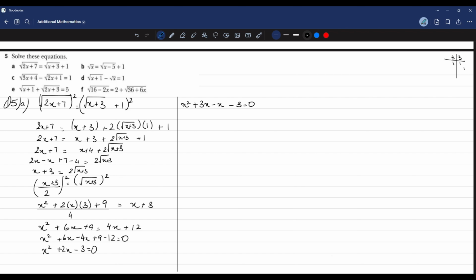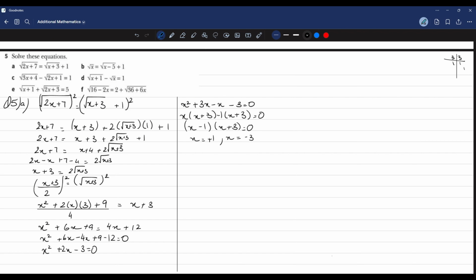So we've got x as the common here, x plus 3 minus 1 as the common here, x plus 3 is equal to 0. So we've got x minus 1, x plus 3 is equal to 0, x is equal to positive 1, and x is equal to negative 3.